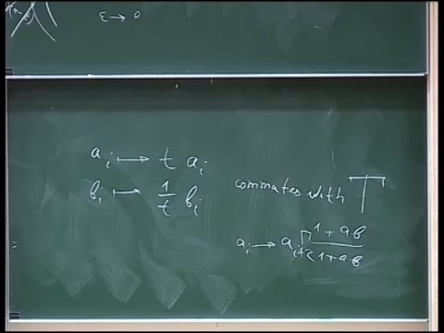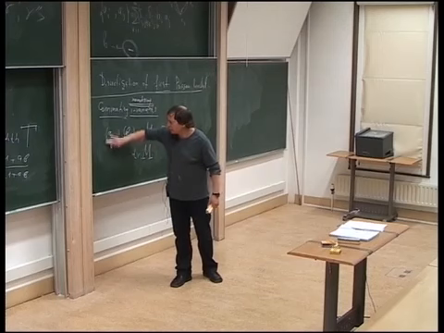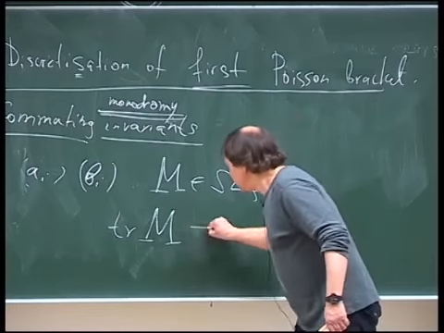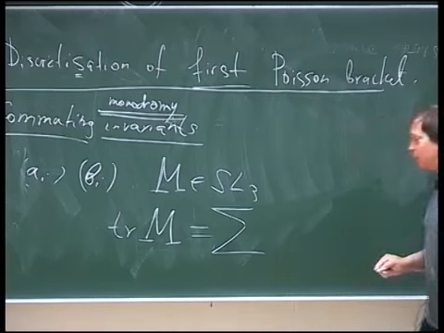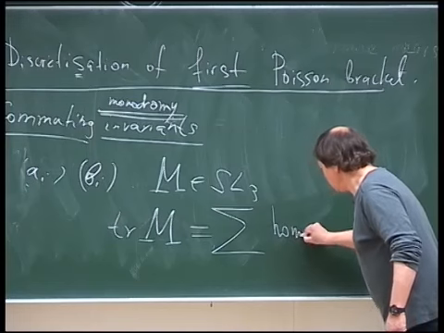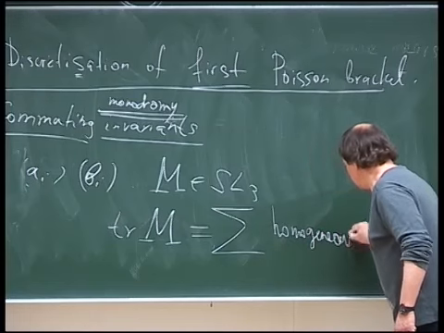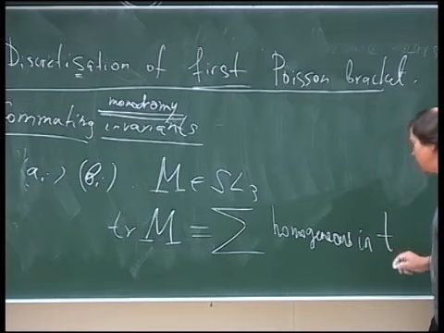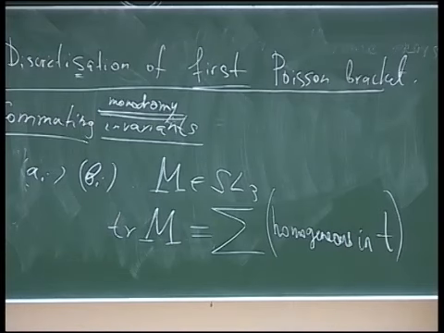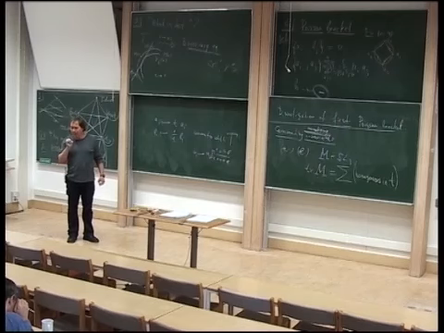And now, if we put the parameter T into the monodromy, then it will be a sum of polynomials homogeneous in T. And this gives us exactly the right number of invariant functions.